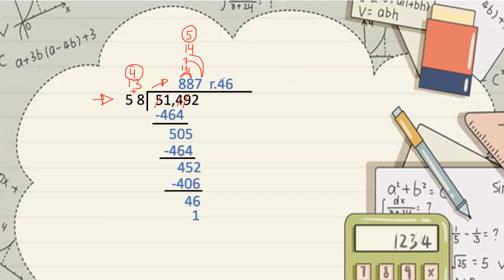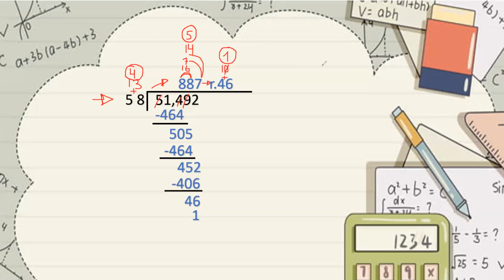And now the remainder exceed. In this case, we cannot write 46, so we are going to say 4 plus 6. 4 plus 6 equal 10. We don't write 0, we just have 1.